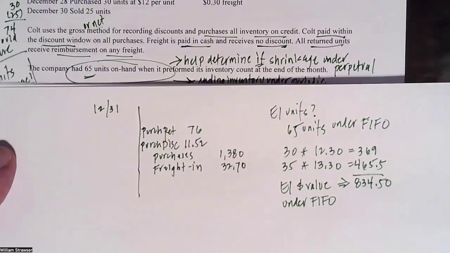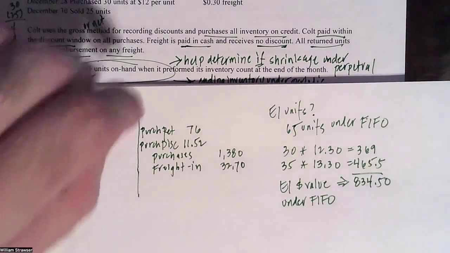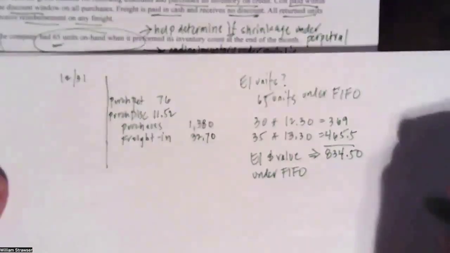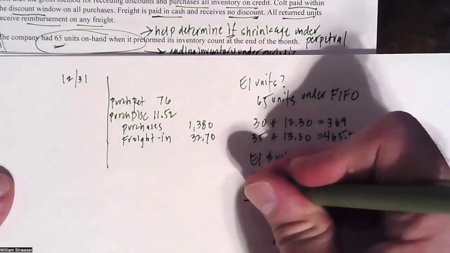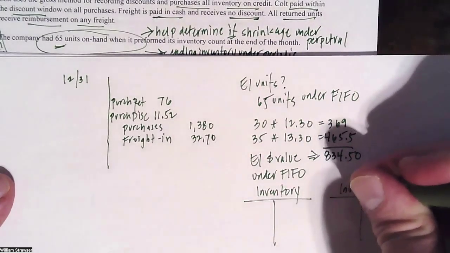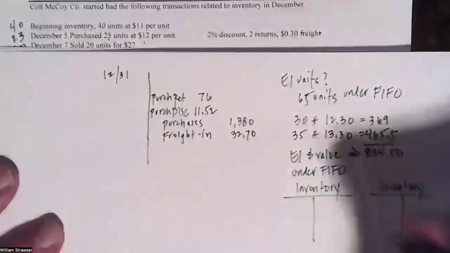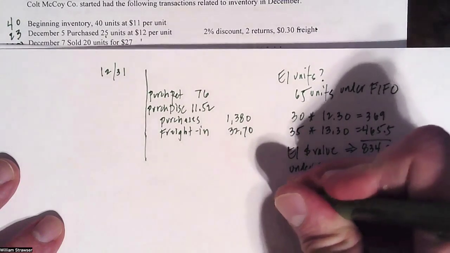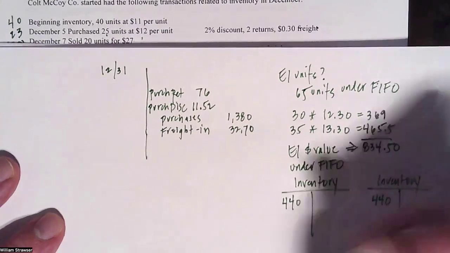Okay. So what adjustment do I need to make to the inventory account? You can do it two ways. You can do it what I think is a simpler way, or you could do it the sort of foolproof way. In either case, I start off with a beginning inventory of 40 units at $11. So that's 440 in either situation.